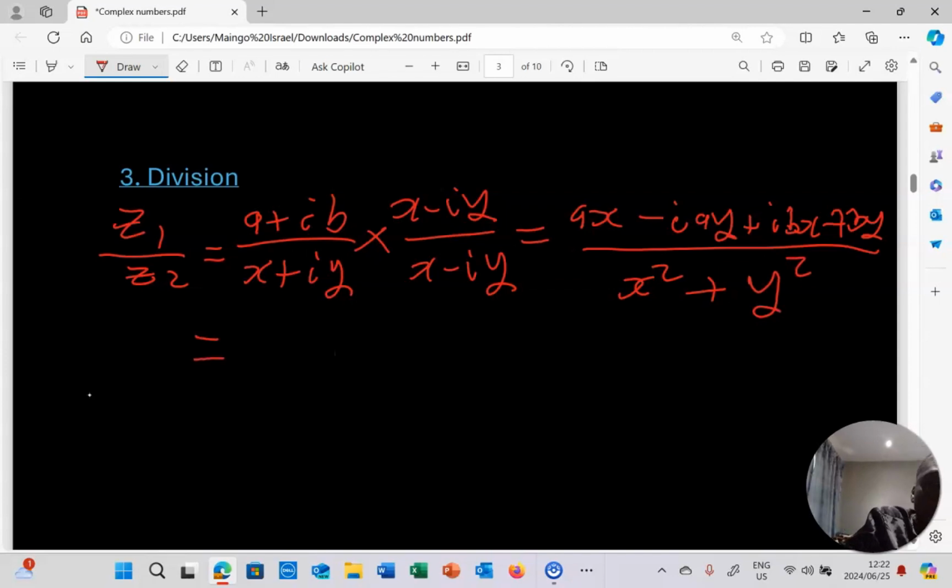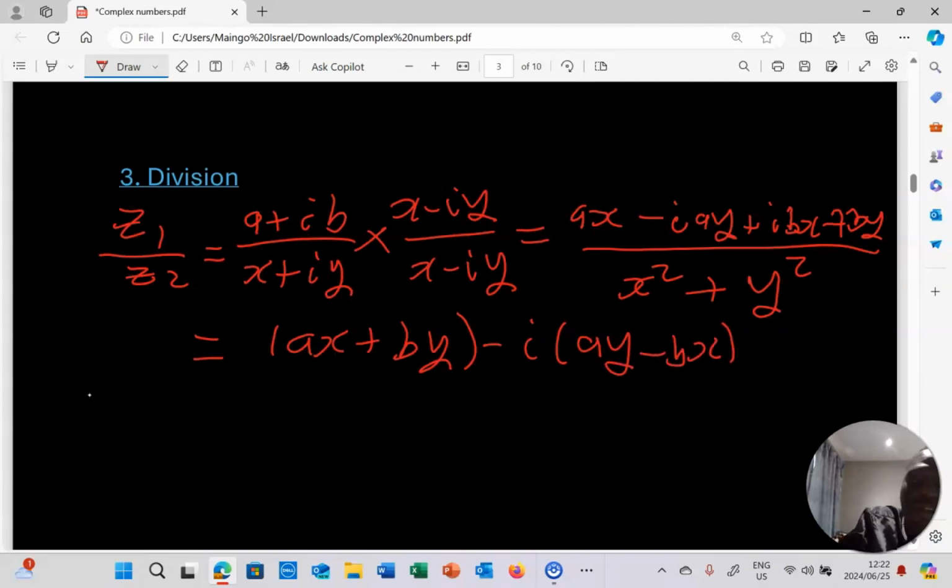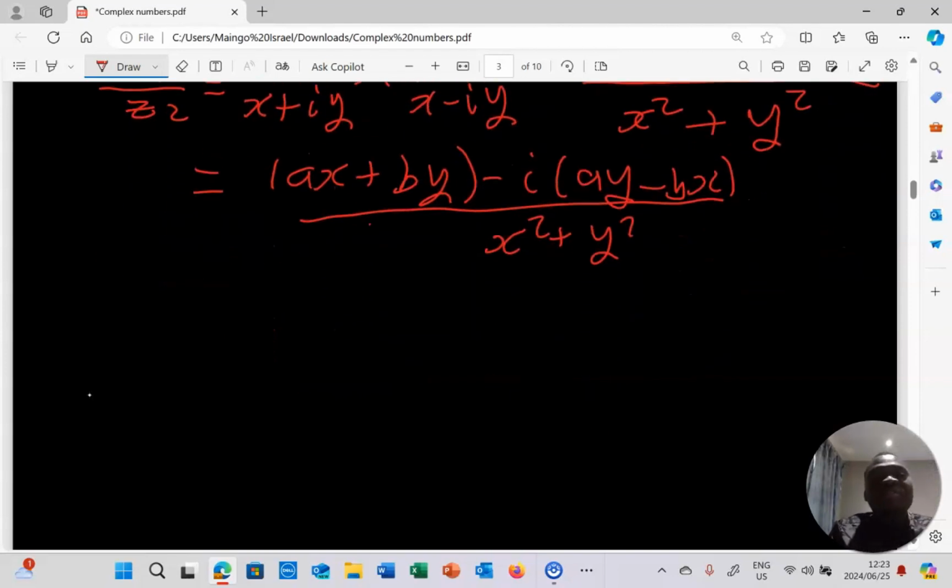So this will be just equal to, we group the like terms AX plus BY, minus i outside, because it's a common factor. Then we have AY minus BX inside, all divided by x squared plus y squared. If you like, you can represent it with the real part separate and imaginary part separate, like this.